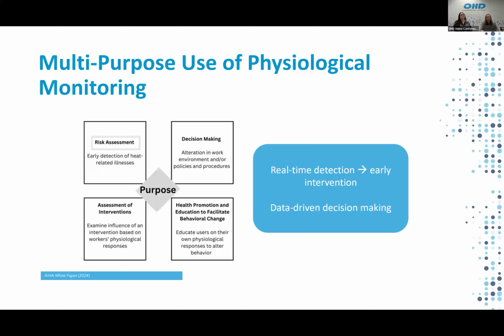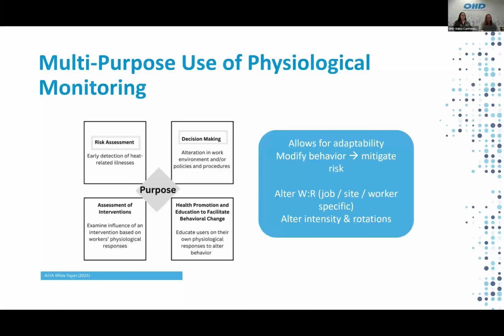So that's where you're getting that risk assessment portion of physiological monitoring. For heat-related illnesses, obviously you should not solely rely on any one of these devices. No device is going to be a complete substitute for training your employees to recognize the signs and symptoms of heat illness.